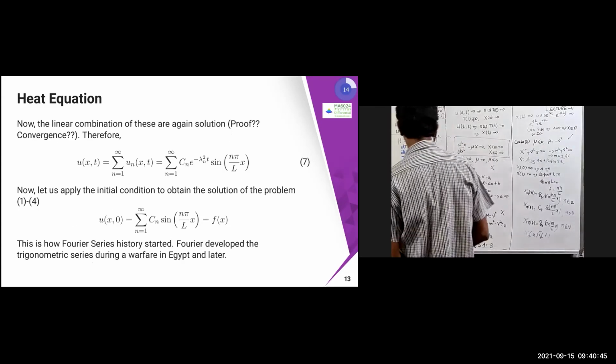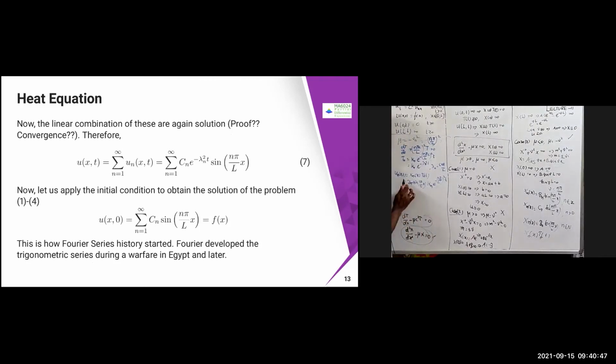Observe that kn and bn are constants, so together I can write it as cn into sin n pi x by L into e power minus n pi c by L whole square t. This is a solution. If you take any linear combination, that is also going to be a solution.